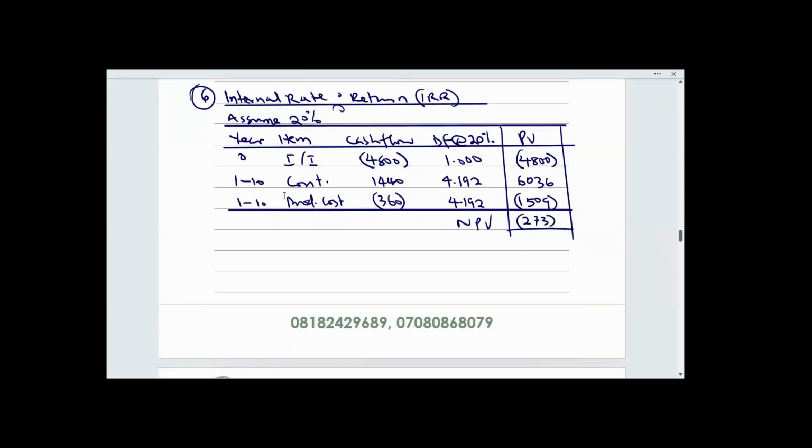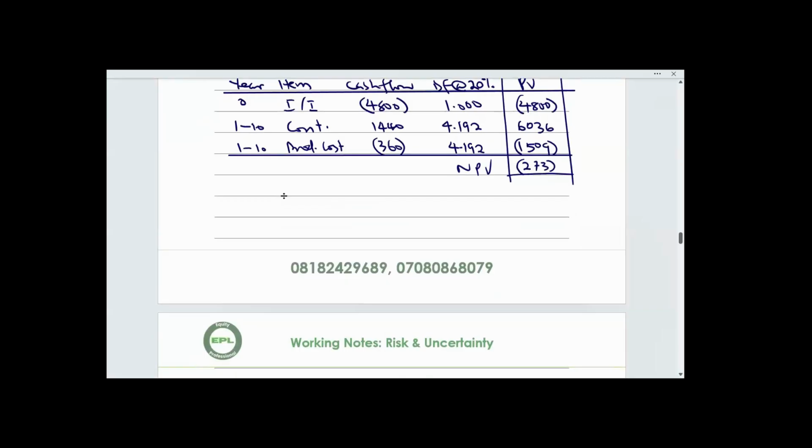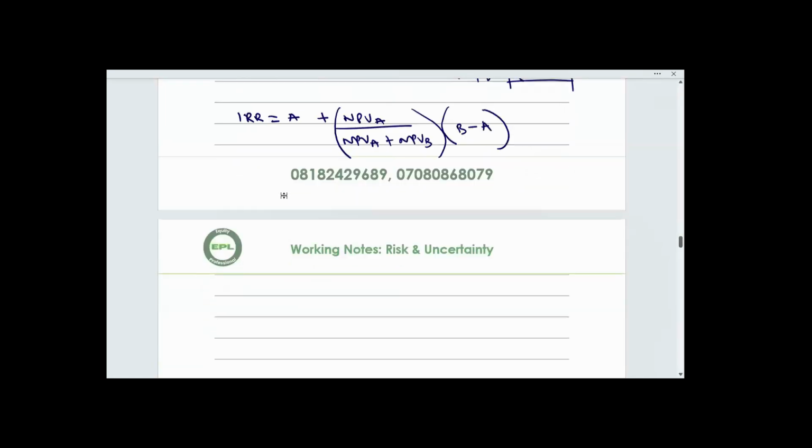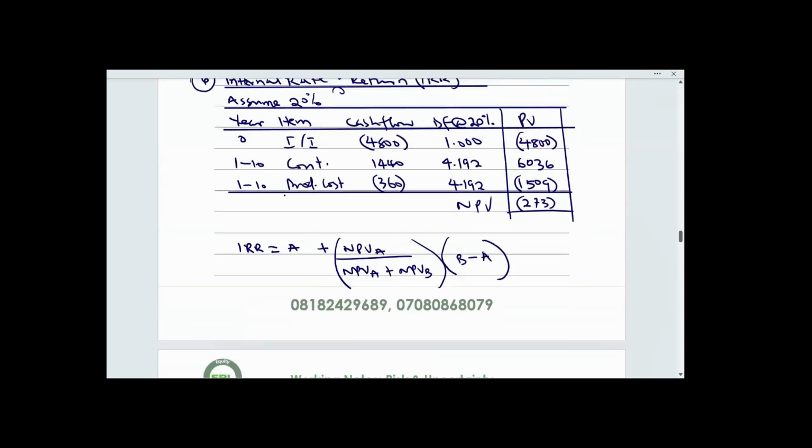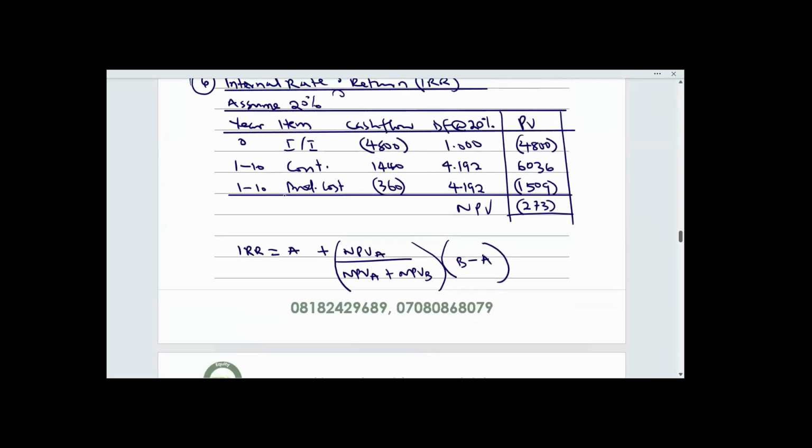of 232. Therefore, my internal rate of return will be calculated as the lower discount rate plus the net present value of the lower discount rate over the net present value of the lower plus the net present value of the higher discount rate, times the higher discount rate minus the lower discount rate. So for IRR, we assume 17% and 20%.